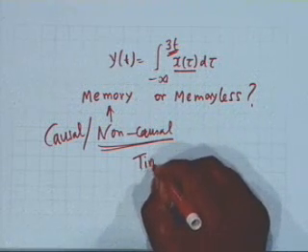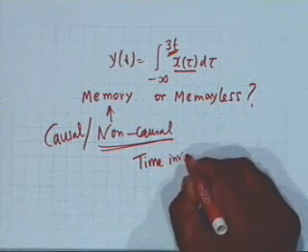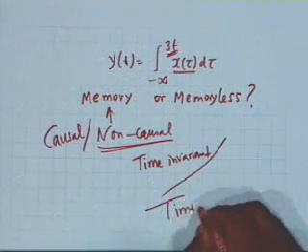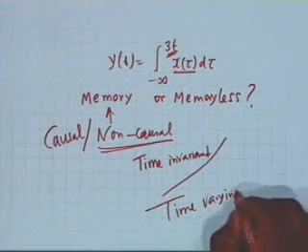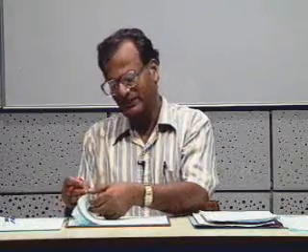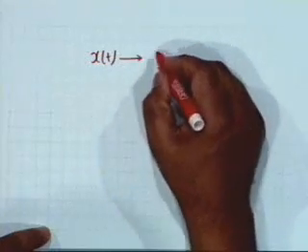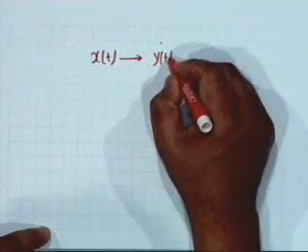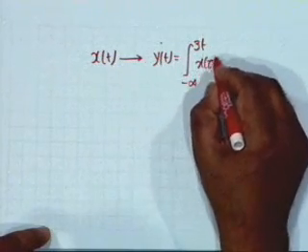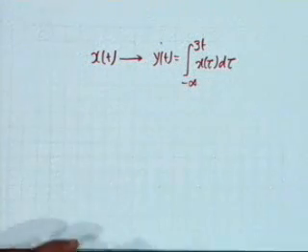Is this a time invariant or time varying system? Now, how do I test that? To test this, we apply the definition. We go to the roots and we say x of t leads to y of t, which is equal to the integral from minus infinity to 3t of x of tau d tau.